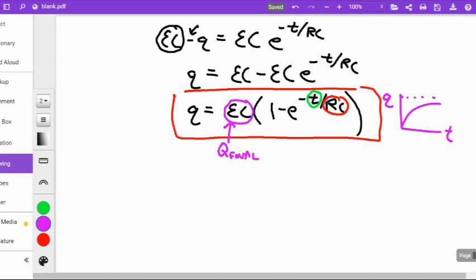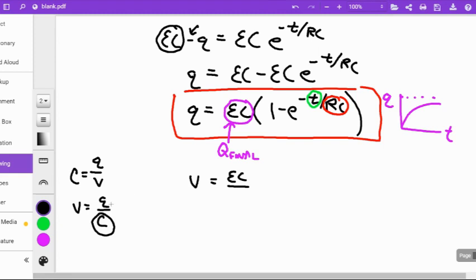To get the other functions, it's super easy. No more calculus is needed. To find the voltage across the capacitor, you simply do, again, let's remember, C is equal to Q over V. That means V is equal to Q over C. And so if I do that, I take my EC and I divide it by C, right?